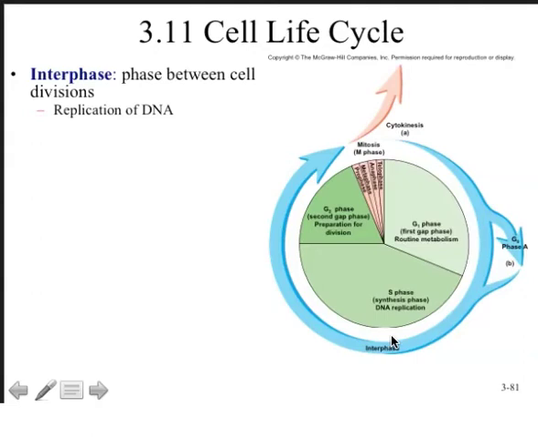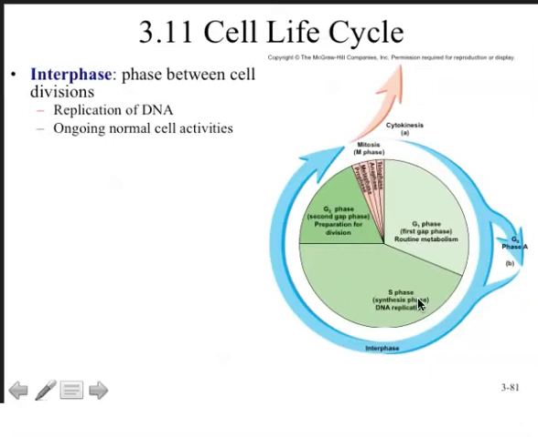Once that information has been duplicated, it will be condensed into visibly staining bodies known as chromosomes. Those chromosomes, which have been duplicated, will then be pulled apart in the course of mitosis, and each new cell will get a complete copy of the genetic material.